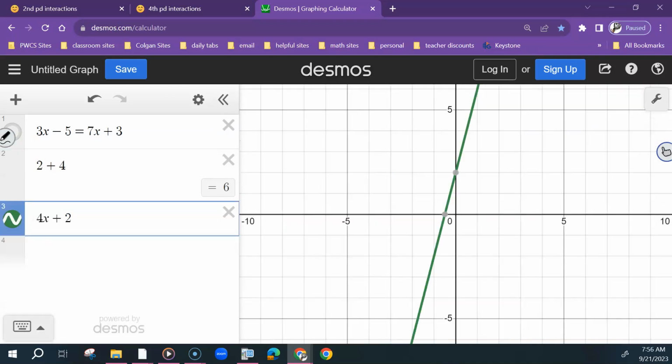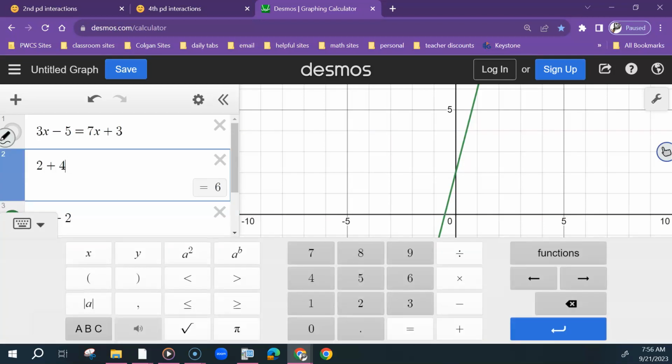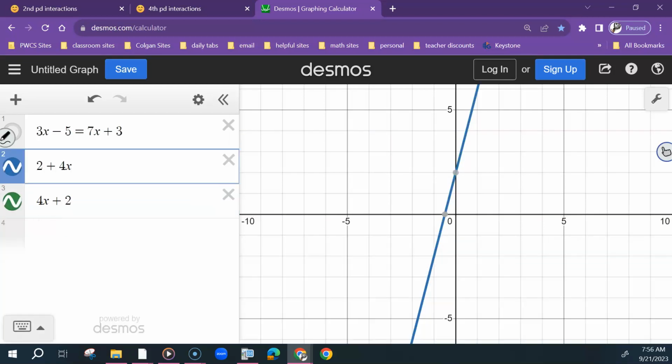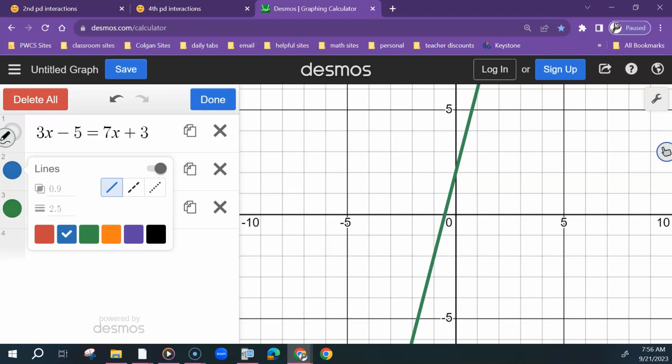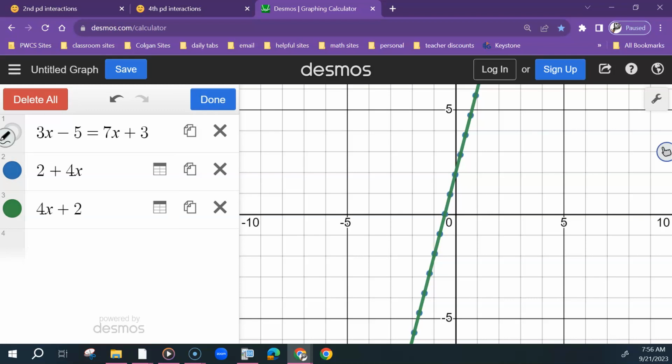Alright, so I don't know if you saw what just happened. But they graphed on top of each other. So you can see the blue dots on top of the green line. So they overlap each other. So if you're checking yourself in Desmos, that's what's going to happen.